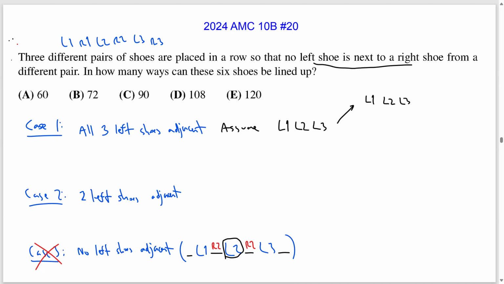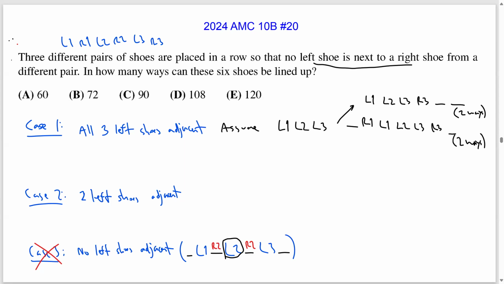I can have L1, L2, L3, R3, and then R1 and R2 in either order. This will give 2 ways. I can have R1, L1, L2, L3, R3, and then place R2 either on the left or the right. So this will give an additional 2 ways.